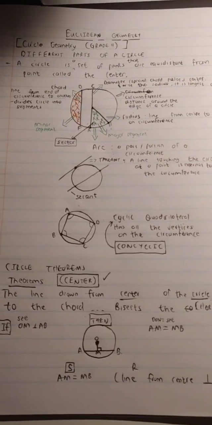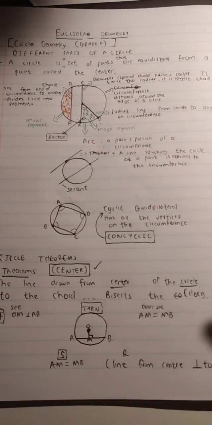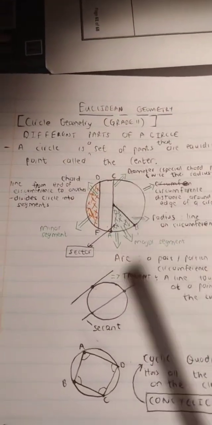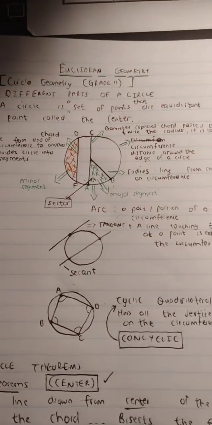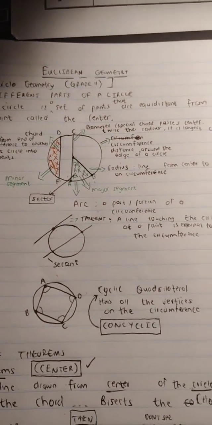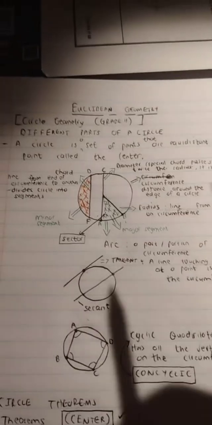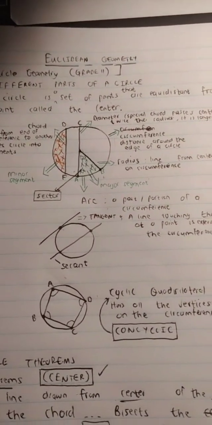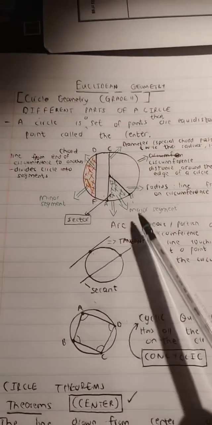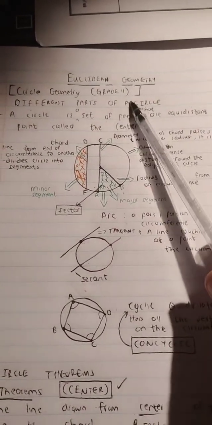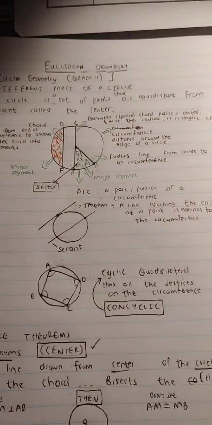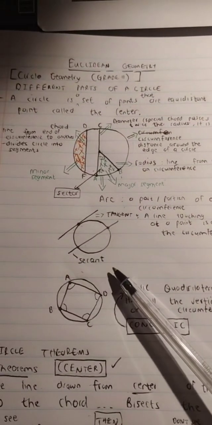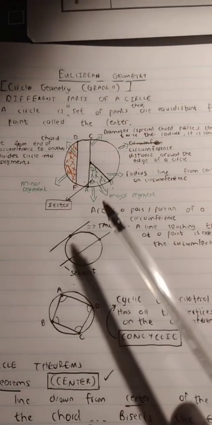But I said these live lessons are for all grades. Today, I started with circle theorems, so I had to specify that it's for grade 11, so that people in other grades like grade 8 and 9 don't stay here when this won't be relevant to them until a few years forward. But anyone who wants to learn can stay here and gain the knowledge, because it's for you at the end of the day.